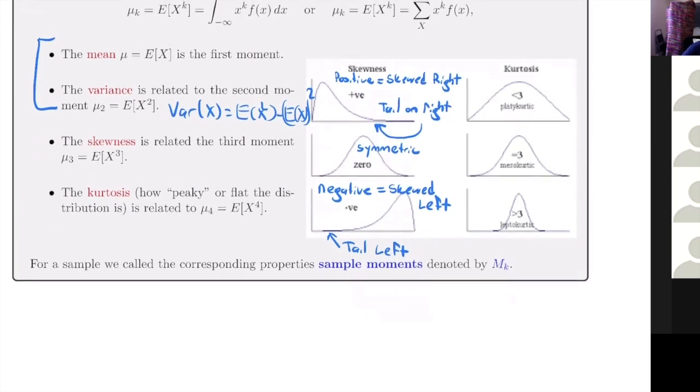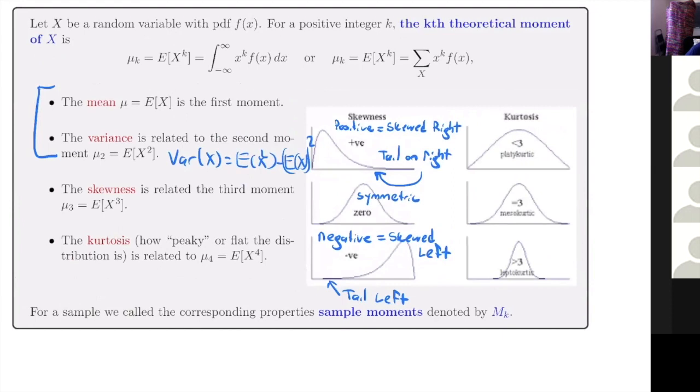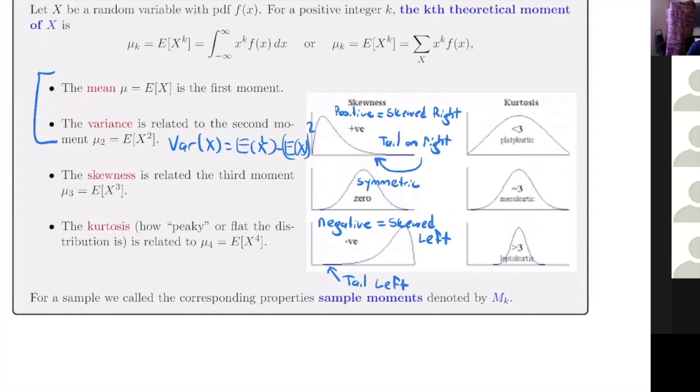Okay, so the way that we calculate the theoretical moments, if we knew what the population was, then we would know what the PDF is, the same way that we calculated them before. If it's a continuous random variable, we integrate. If it's a discrete random variable, then we sum over all values of x. The problem for us is that we don't know it, so we're going to have some parameters in our PDFs that are undetermined.